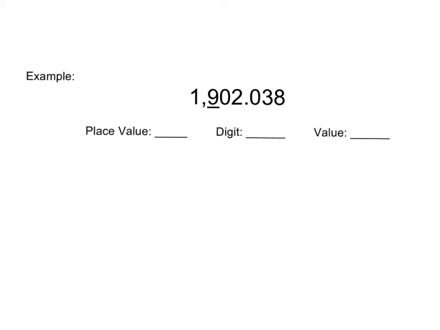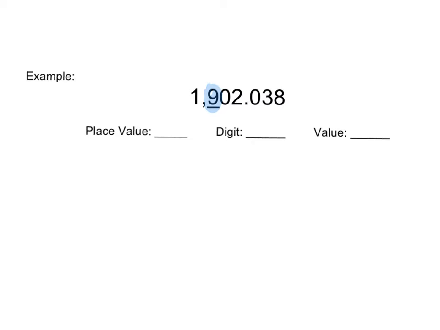All right, let's take a look at this example. This should be on your notes. I want you to pause this video and try to determine the place value, the digit, and the value. Once you have decided what those three things are, watch the video to get your answer. In this example, we are still looking at the 9 that they've underlined. They want to know what the place value is.